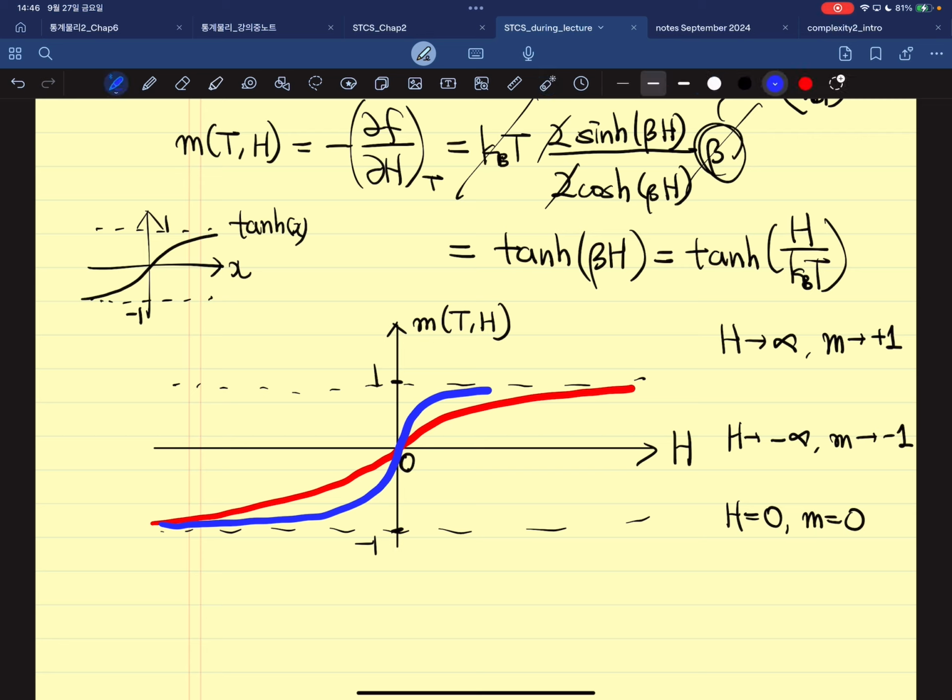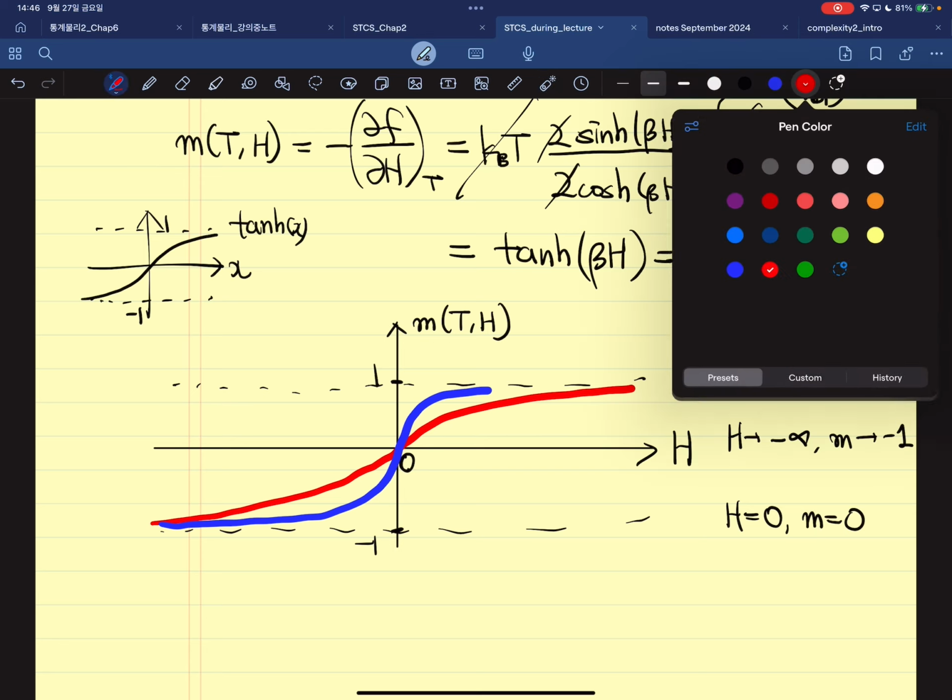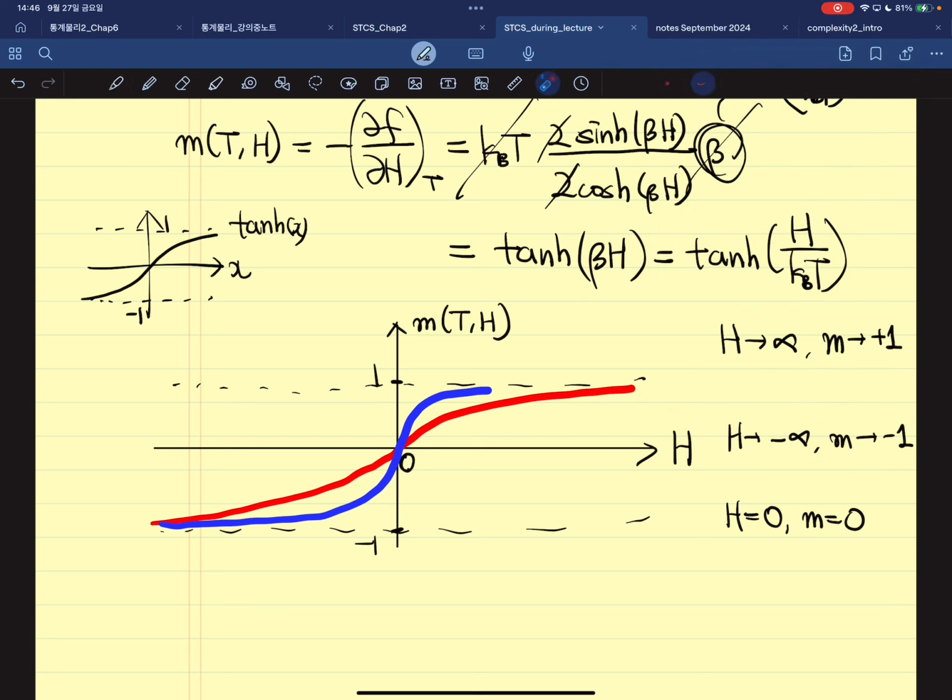The opposite case would be if T is very large. Then even if we change h a lot, it doesn't change much in the space of the hyperbolic tangent. So in that case, it goes like this.